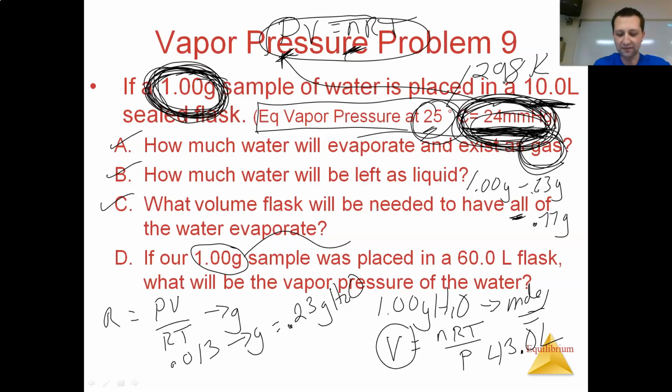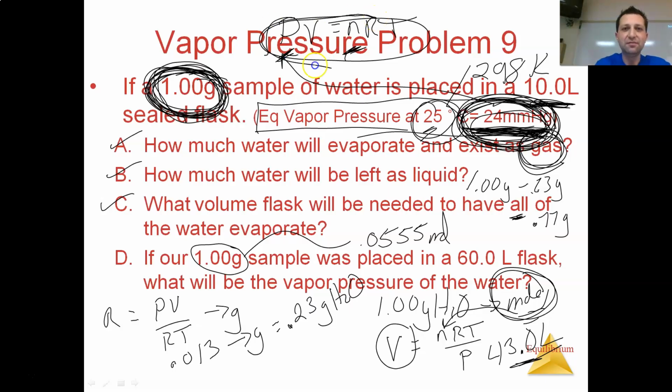We had to figure that out earlier, right here. You should have ended up with 0.0555 moles of water. You needed that here to get this answer. You place that in a 60-liter flask, what's the vapor pressure going to be?